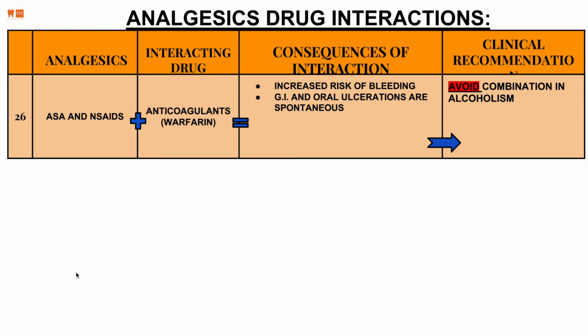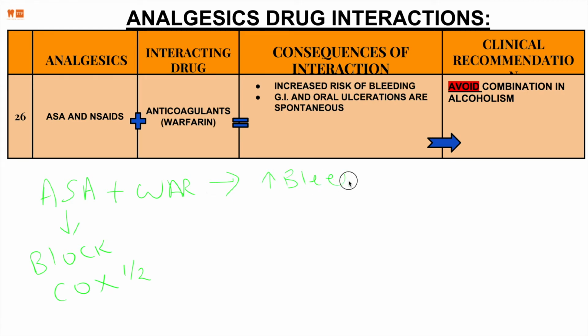Now, why is this? Just to explain the concept, ASA plus warfarin, right? ASA's job is to block COX, COX 1 and 2. Warfarin's job is to increase bleeding. Okay, so far so good. So what does COX have to do with bleeding?